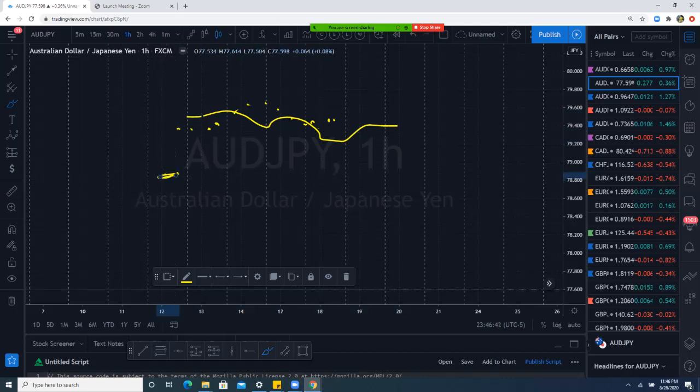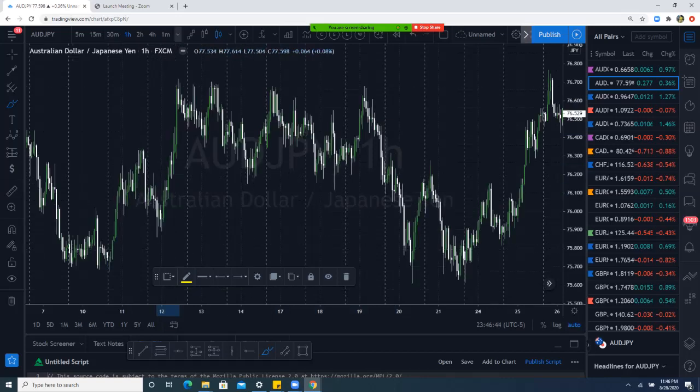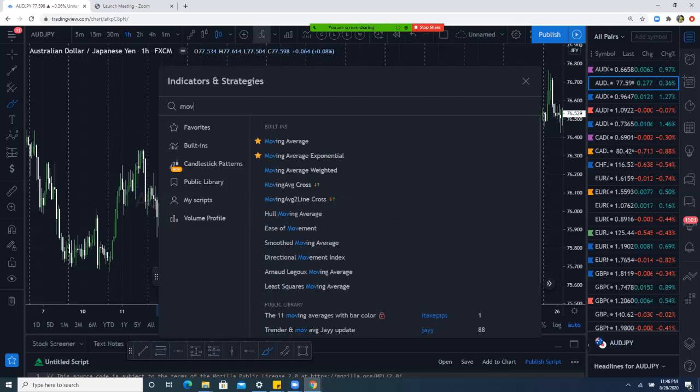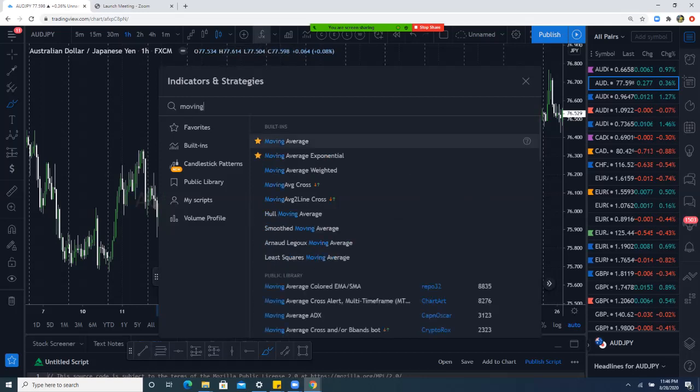So let me go and show you a live example of that. To actually access a moving average, you're going to go to indicators on TradingView, and what I like to do is just type in moving average. There are two major ones, there's three, but most people just use one of these two: the simple moving average, or just moving average on TradingView, and the exponential moving average.